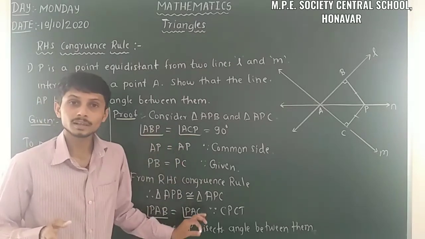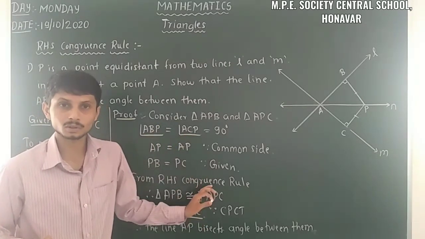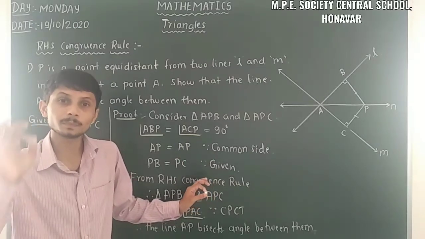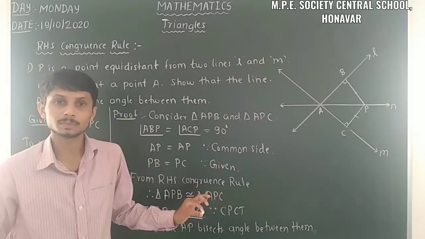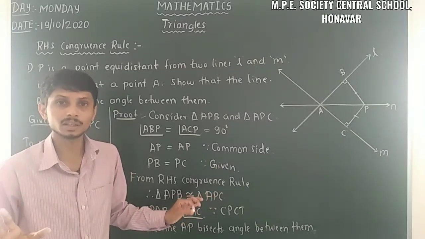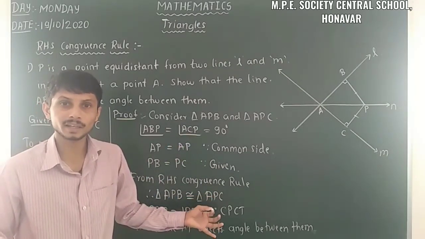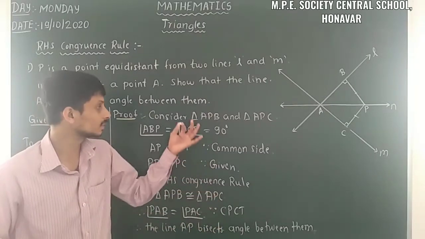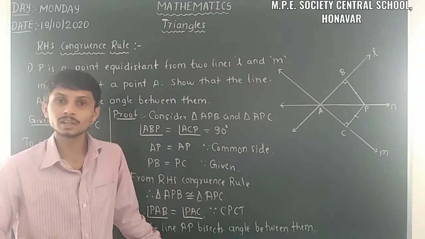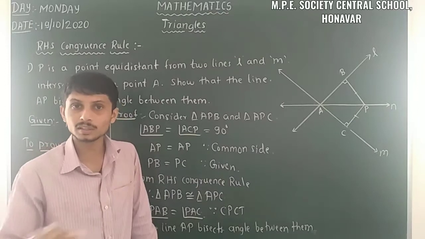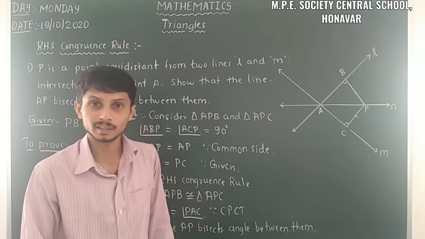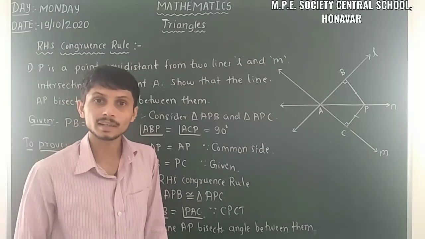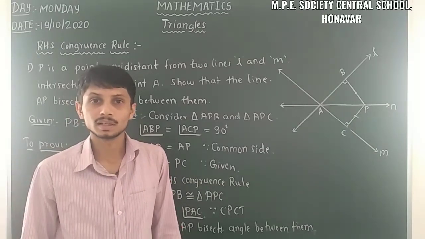So here are the conditions for the RHS congruence rule. Here it must be a right angle triangle, otherwise we can't take that one. So only when we have right angle triangles can we consider the RHS congruence rule. In the SS congruence rule, there is no such condition. We can take a 90 degree triangle, a right angle triangle, or we can take any other triangle.